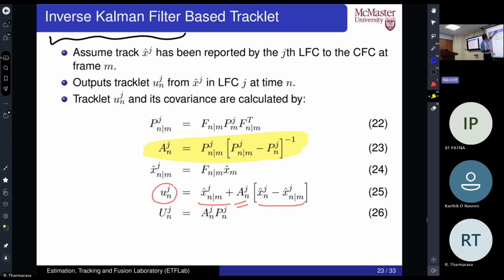In order to use this inverse-based tracklet calculation, you should be able to find this inverse. What do you think about this? Do you think that we can find this inverse all the time?